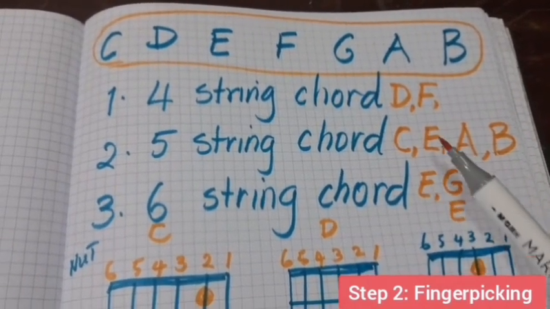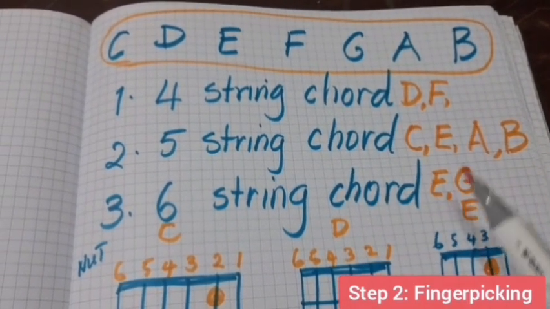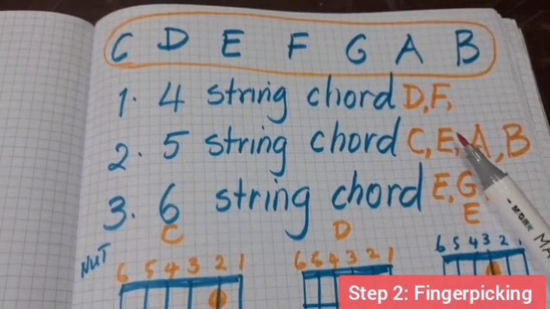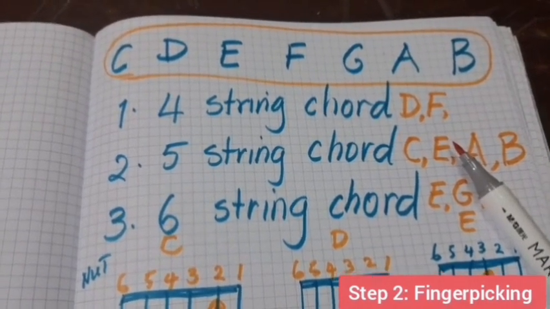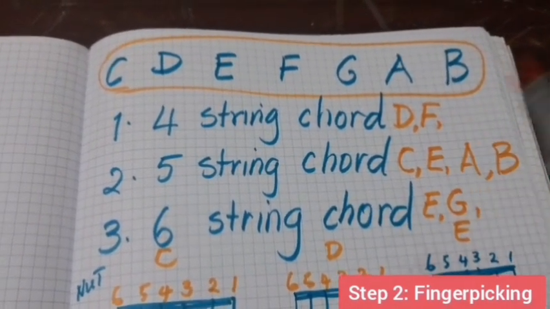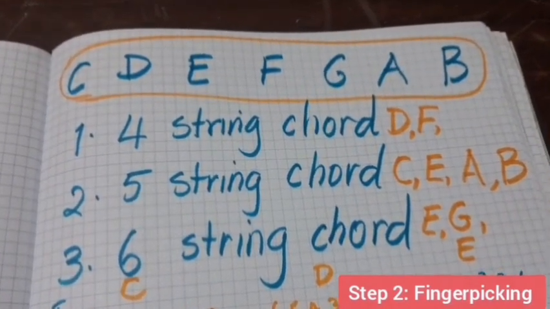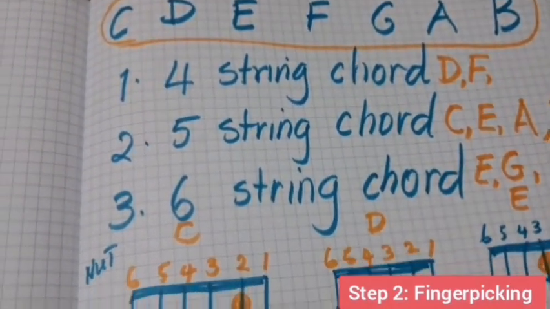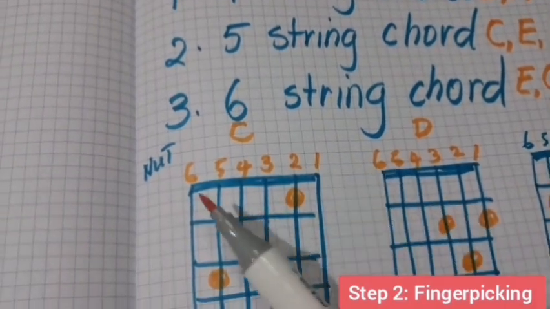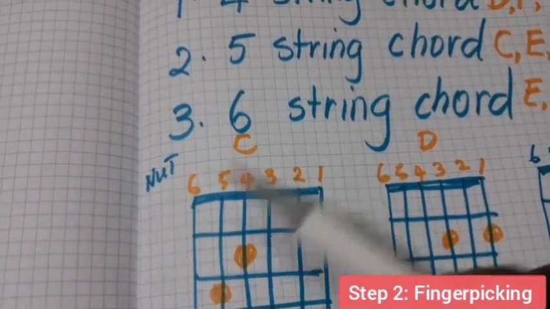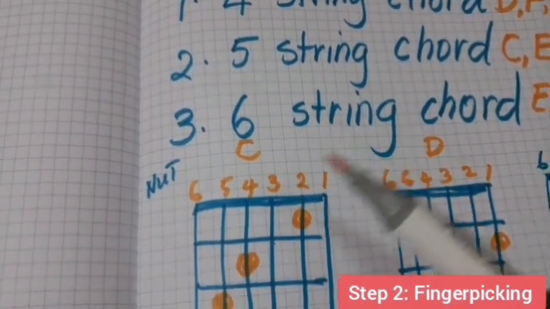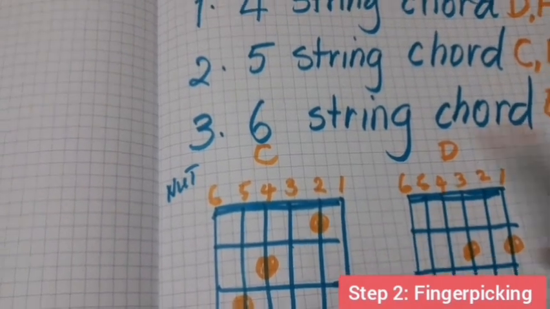Some keep it just on 6, some play it on 5. Both are okay, but just ensure you are consistent so that your music flows. Now we are going to write them out without the string and see how you can identify them when you see them somewhere.